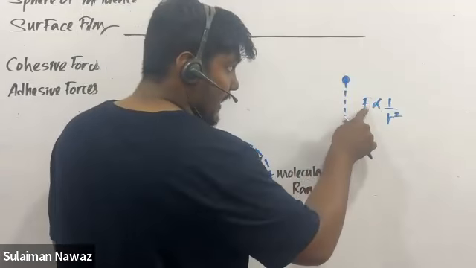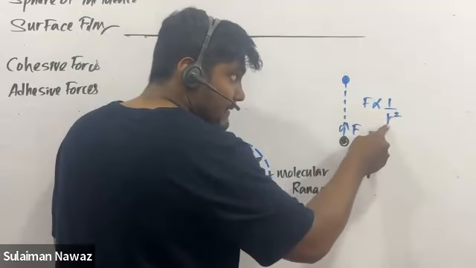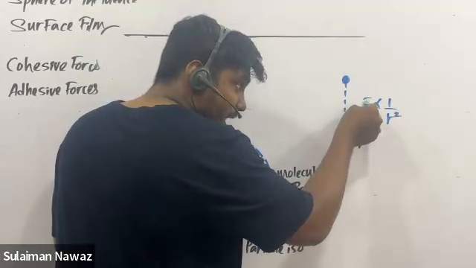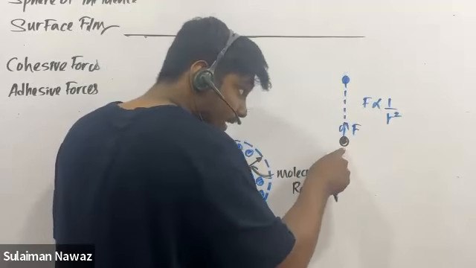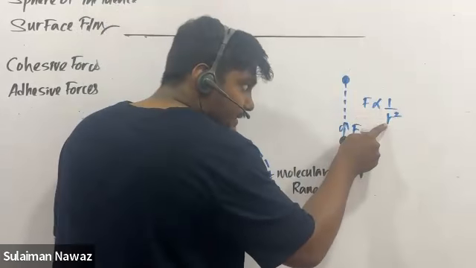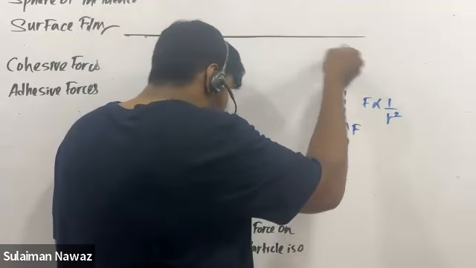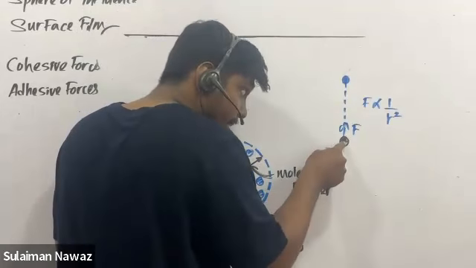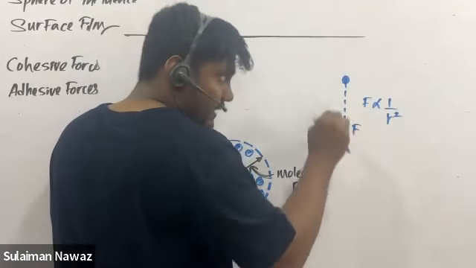Then you can clearly understand, the larger the distance, the smaller the force created by other particles on this black color particle.